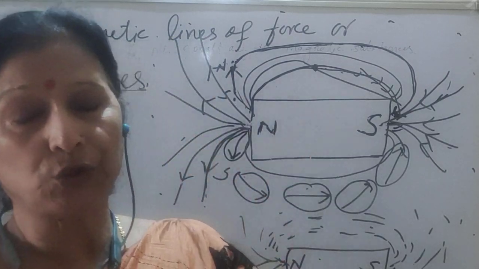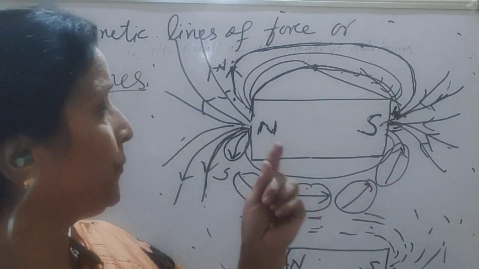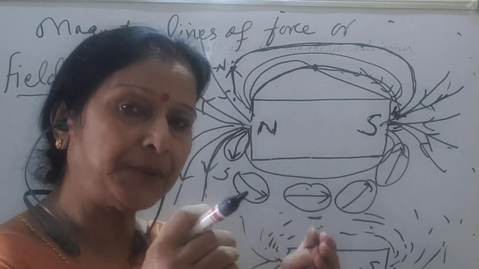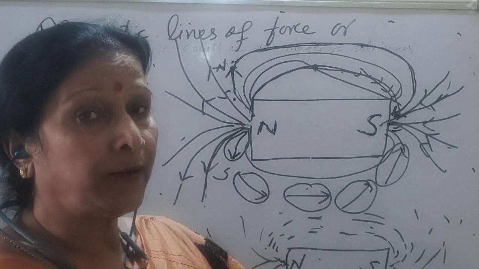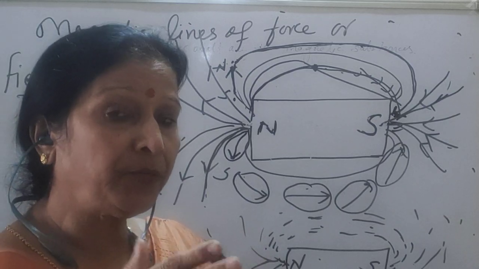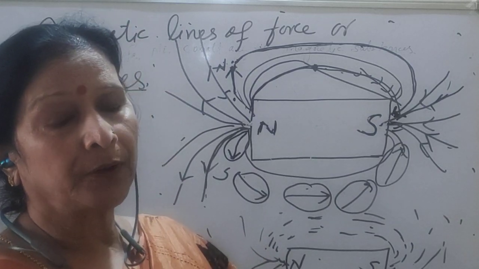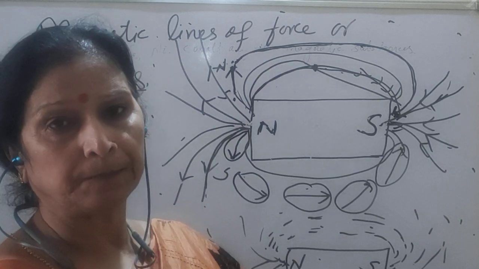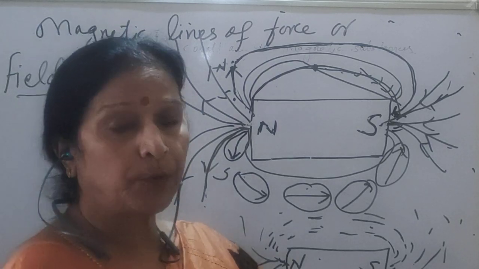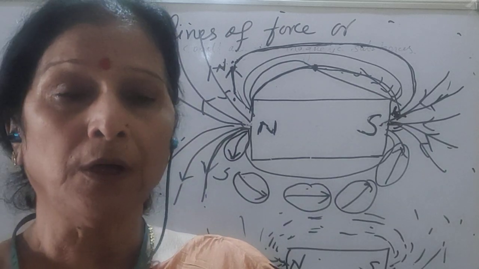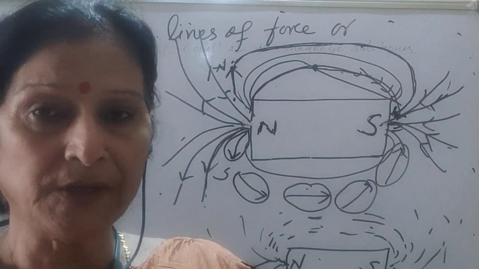If the magnet is stronger, then field lines, if we plot them, will be closer to each other. Is it clear? So these three properties are there in our book, which we studied.